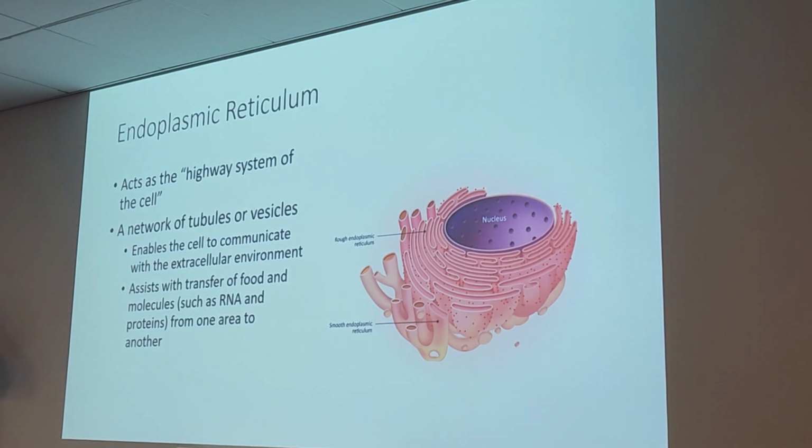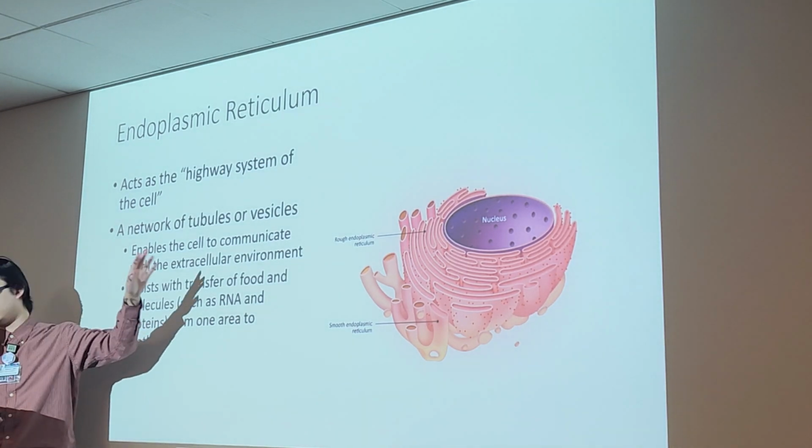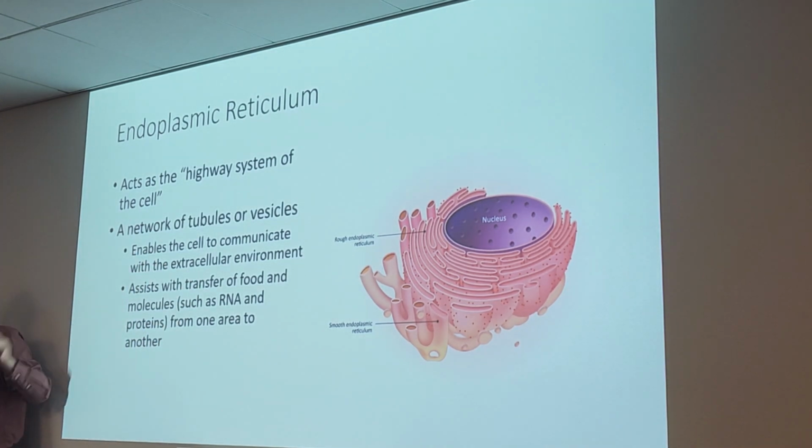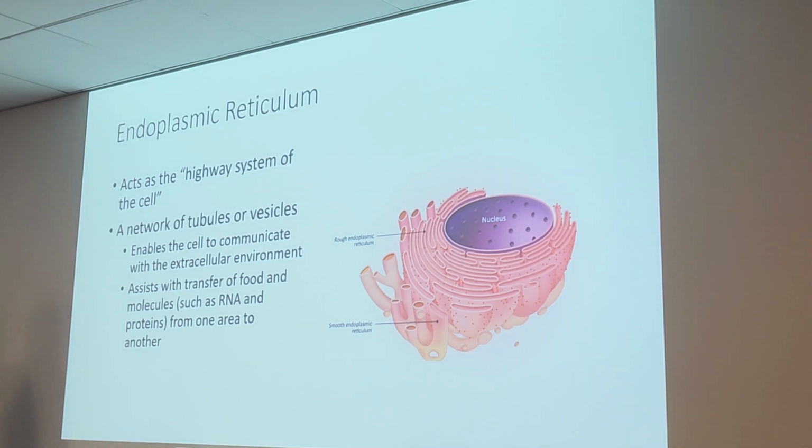So, ER, you've got rough, which includes ribosomes, and smooth, no ribosomes, and it assists with the transfer of molecules throughout the cell. So what's the smooth? Smooth is just transport. There are no ribosomes attached to it. Okay. But you said smooth is for transfer of molecules.